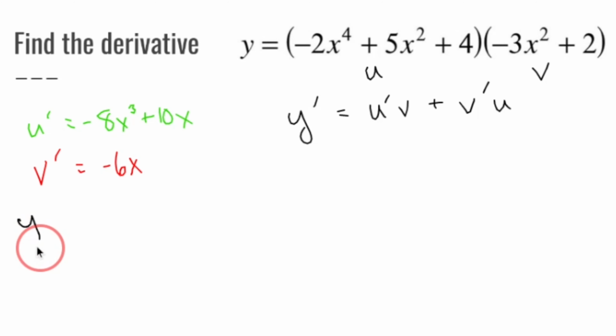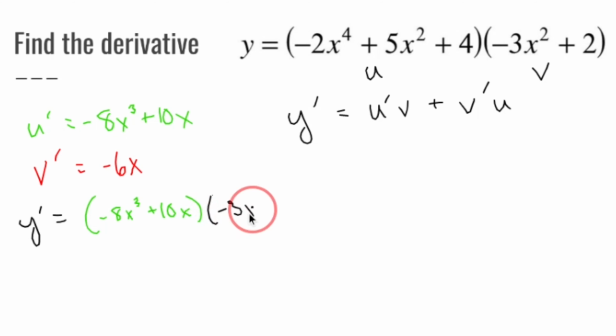So y prime is going to equal u prime, which I made green. Let me get my colors back. I'll put it in parentheses. U prime is -8x cubed plus 10x times v, which is -3x squared plus 2, plus v prime, which I got to be -3x, so let me get my red.